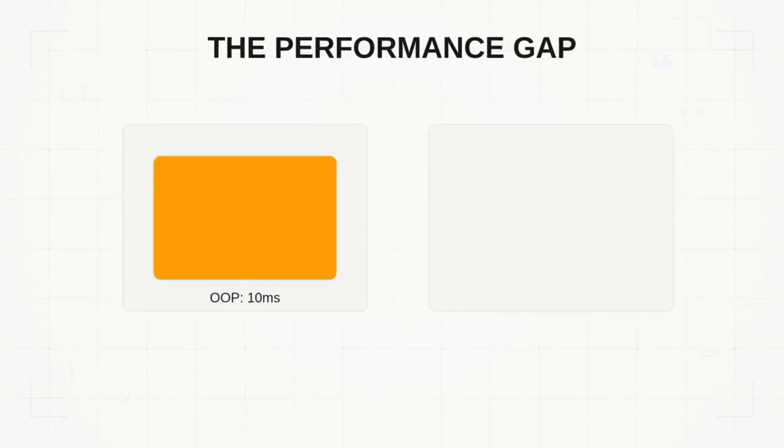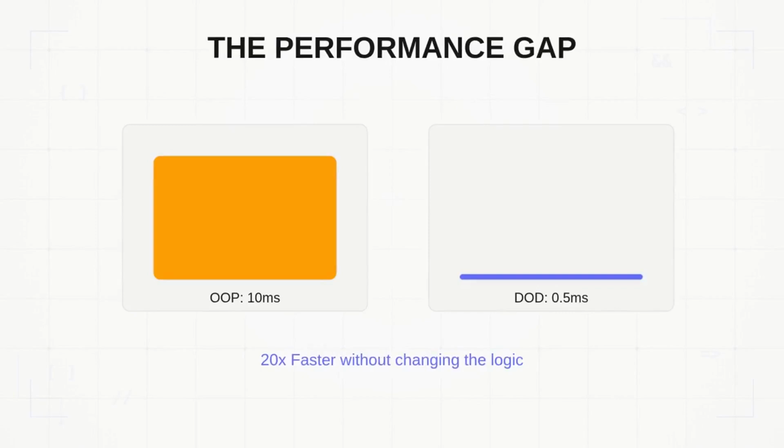Let's look at the numbers. In a standard benchmark, iterating over 1 million objects and updating a field might take 10 milliseconds using standard OOP pointers. The exact same logic using a contiguous array of primitives might take only 0.5 milliseconds. Why? Because the CPU is never waiting. It's constantly fed with data.